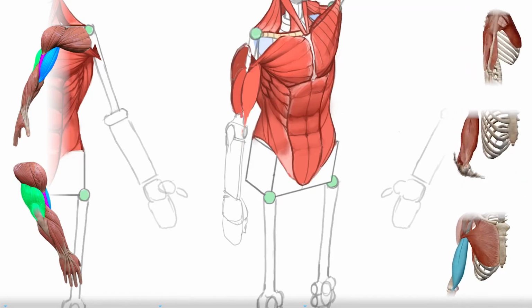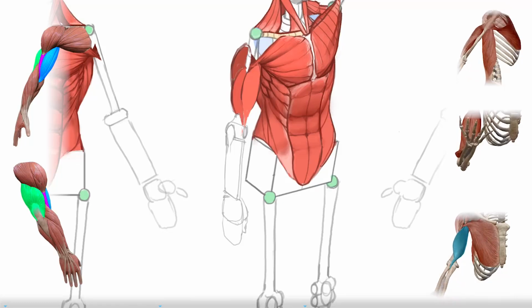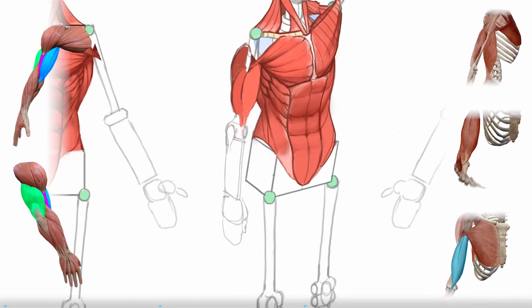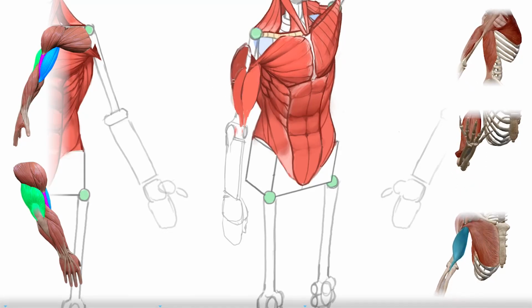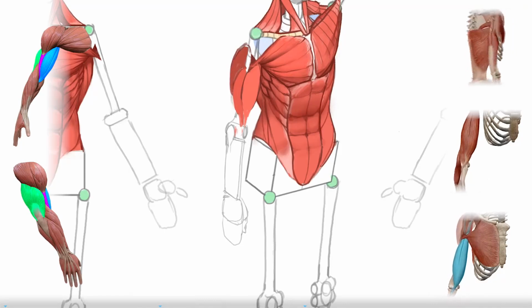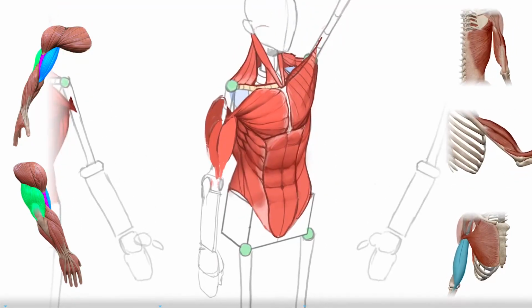Then we'll have the brachialis. It does the same thing, wraps around and then attaches onto the ulna on the other side, so we won't be able to see that properly. And then we have the tricep in the back here that maybe we get to see a little bit more from this point of view.